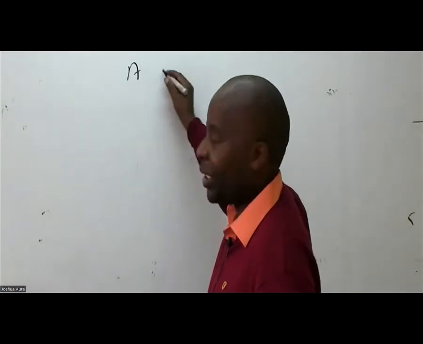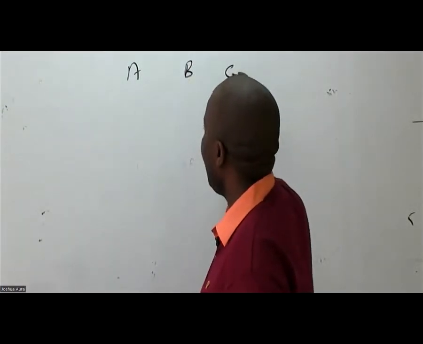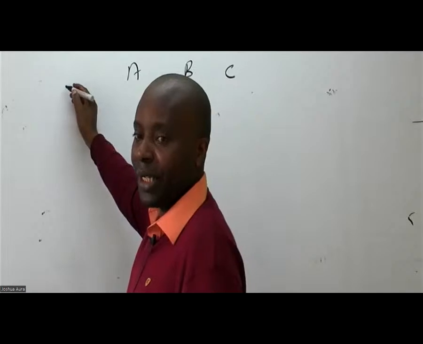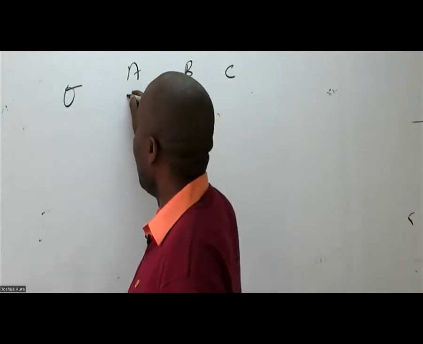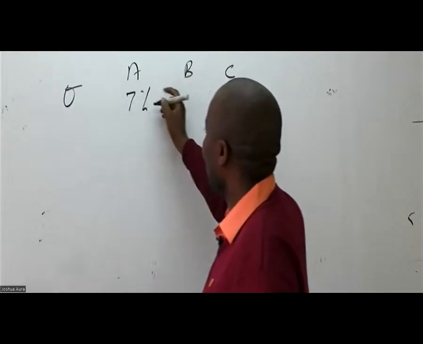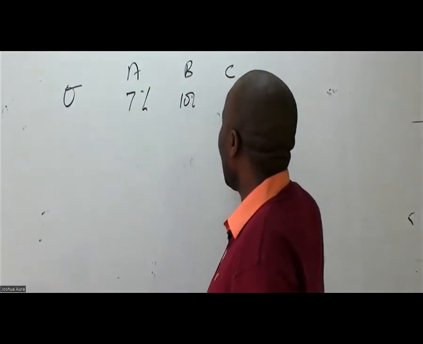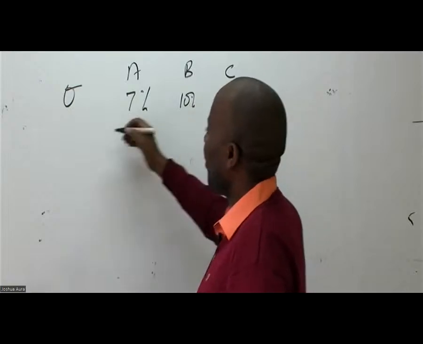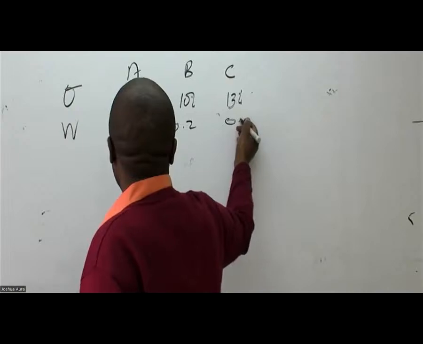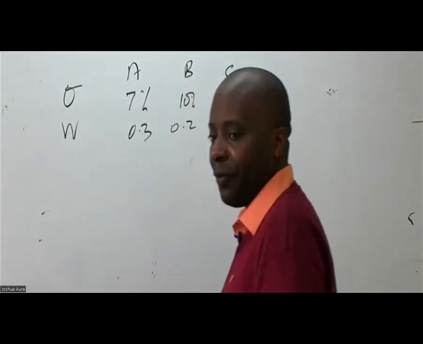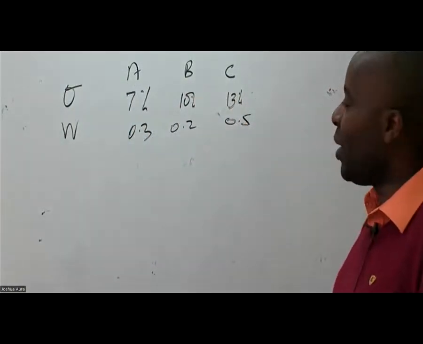So we have 3 securities, A, B, C. Then we have, ladies and gentlemen, standard deviations being given: 7%, 10%, and this is highly volatile, 13%. And they have given us the weights: 0.3, 0.2, then 0.5.